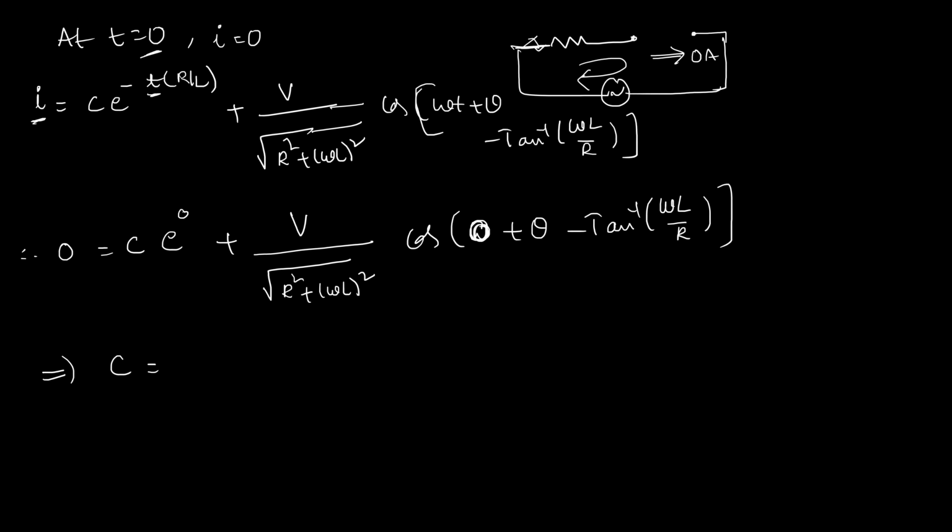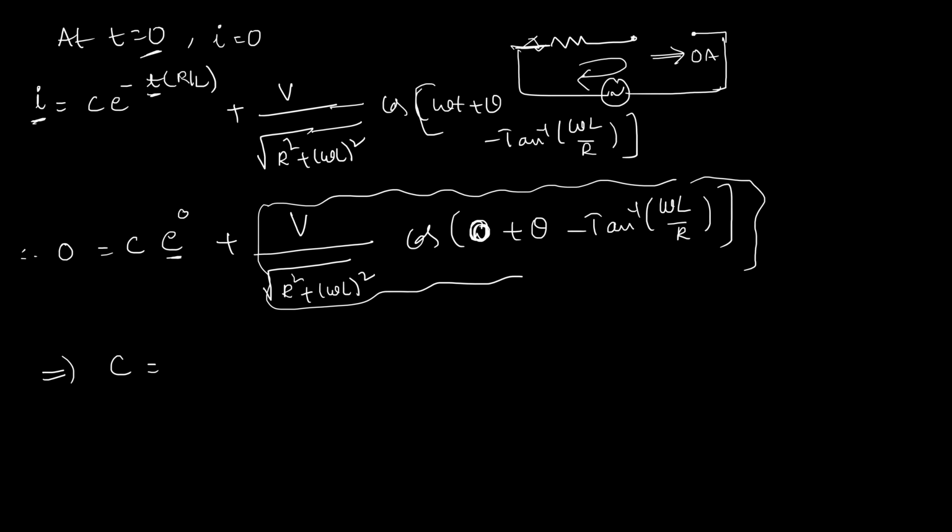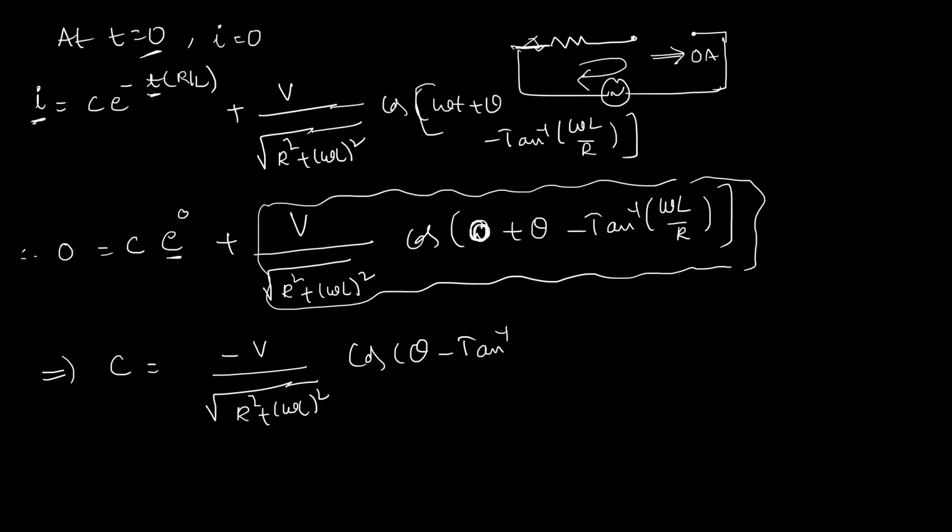Keep this entire part to the other side. There you get the expression for C, that is minus V by root of R square plus omega L whole square into cos theta minus tan inverse of omega L by R. Clear?